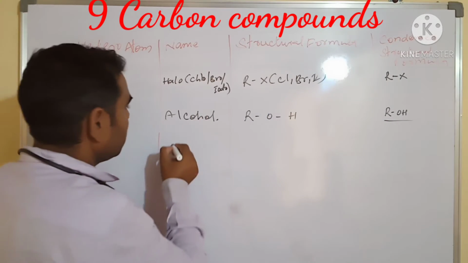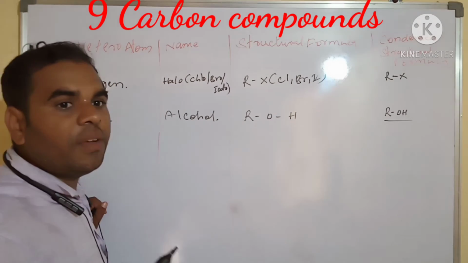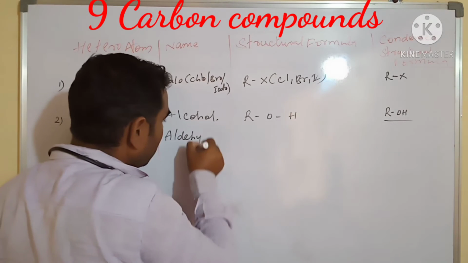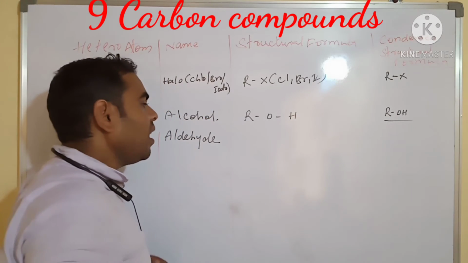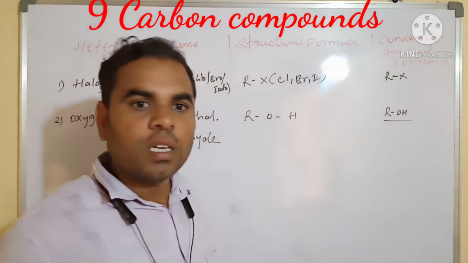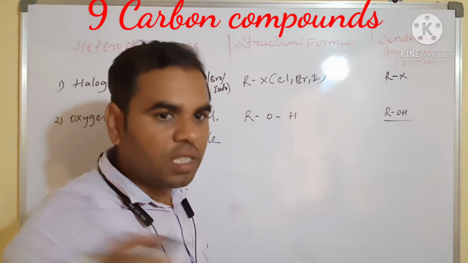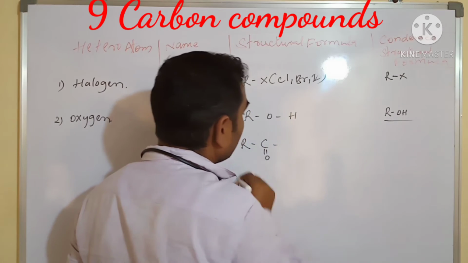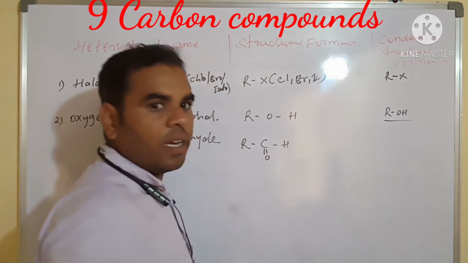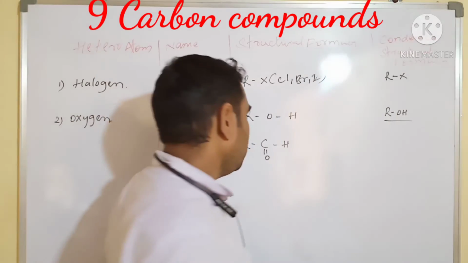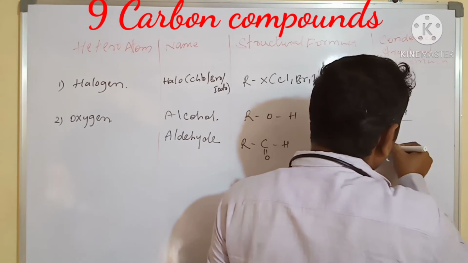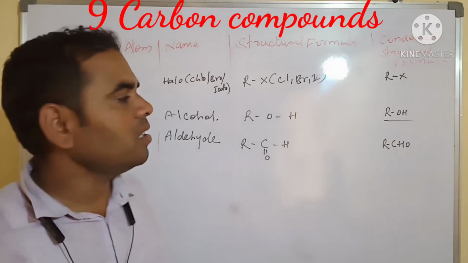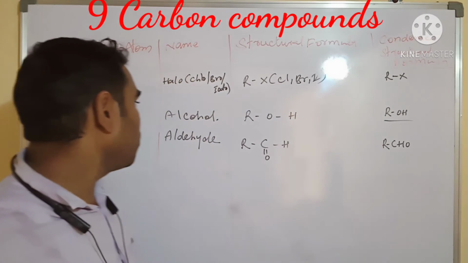Next is the aldehyde. Aldehyde is RCOH, where we write R, C double bond O, H. Otherwise, in condensed form, RCHO. This is the aldehyde group.